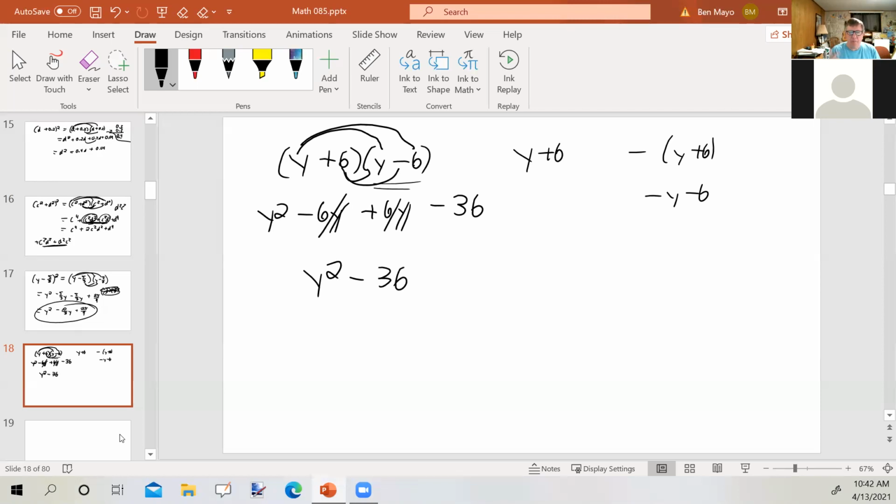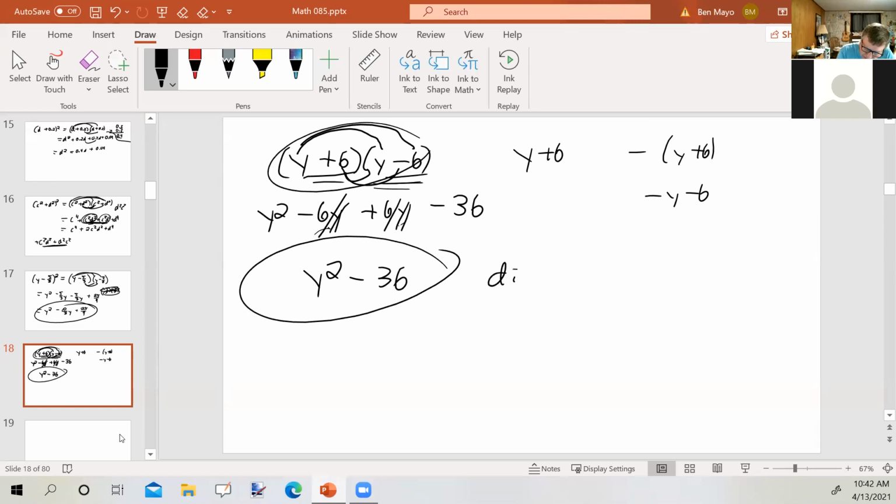So we take a binomial times a binomial, but we get an answer that's also a binomial. So those two middle terms cancel each other out. This is always going to happen when you have this situation of a conjugate pair. Now, the answer to this, or the product of this, is called the difference of two squares.